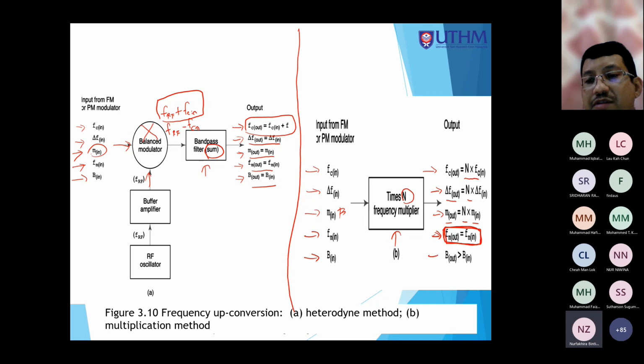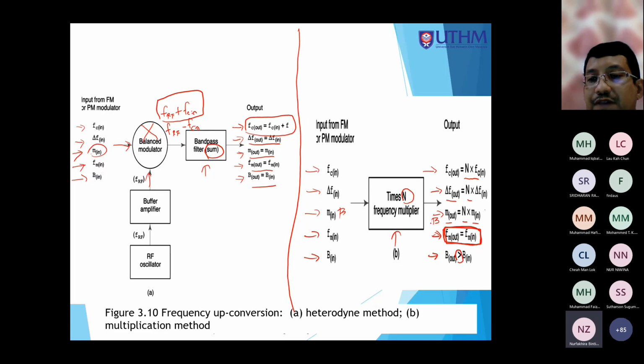And what about the bandwidth? The bandwidth at the output is going to be larger than the bandwidth at the input. Why is it larger? Why not n times? Again, the bandwidth is determined by the modulation index beta. We need to check the Bessel table to see how much beta is, and from there we can determine the bandwidth.